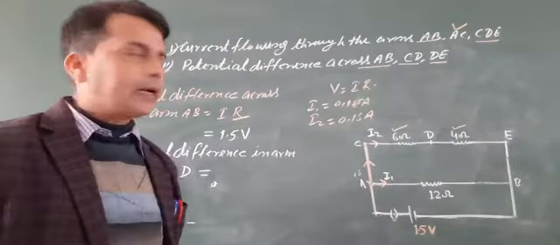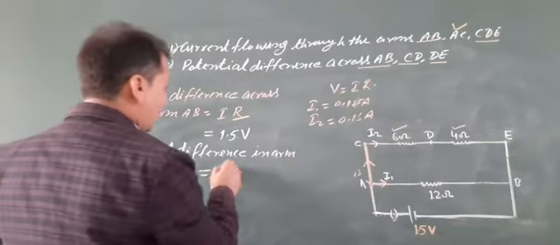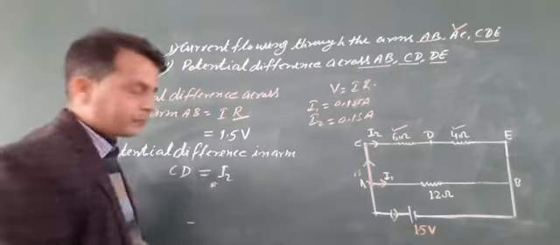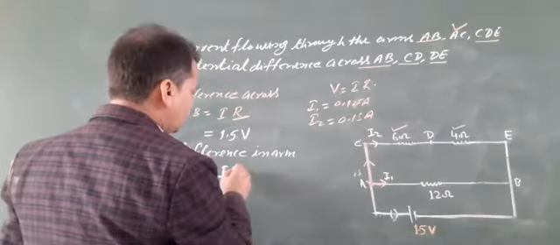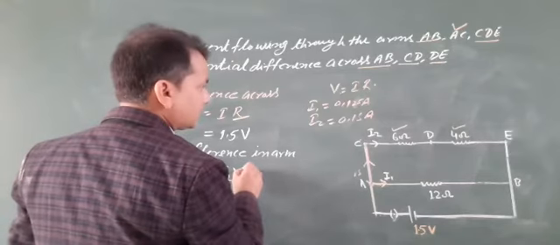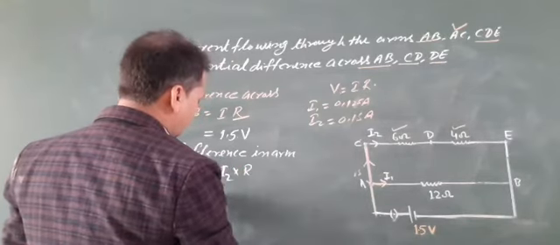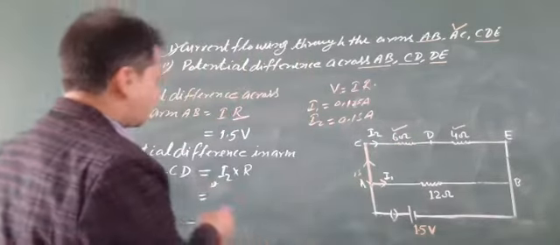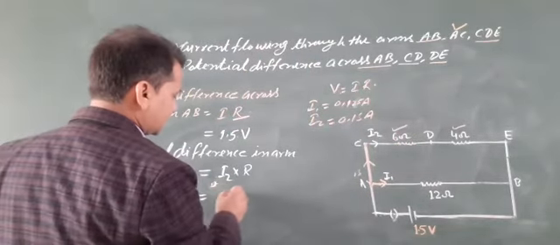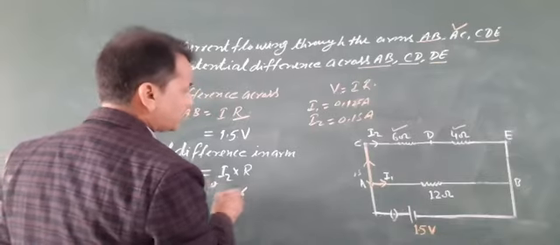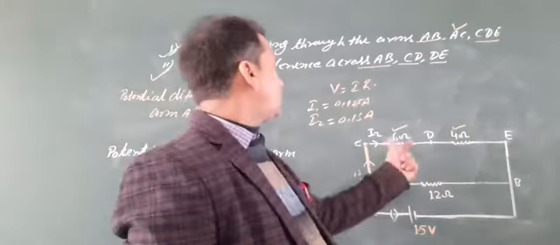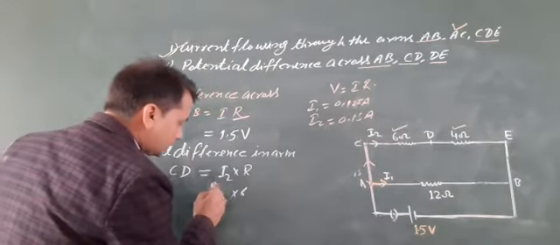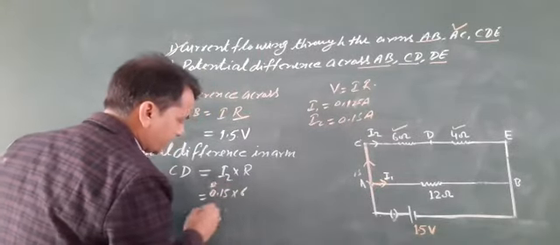So the electric current I2 flows across the CD, then I into R. The value of the resistor in the arm CD is 6 ohm, and the value of current is 0.15 ampere.